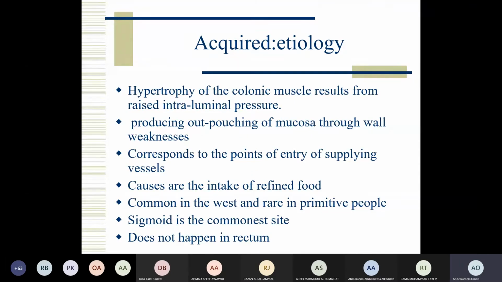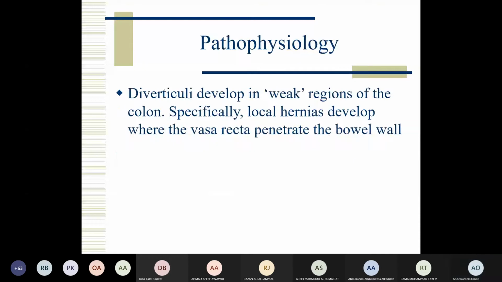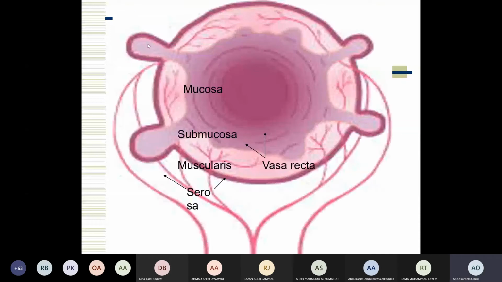So this membrane which is inside will outpouch, it will come out through this defect, which means that the colon has to have a defect, then the mucosa will come out. This is exactly the pathophysiology.